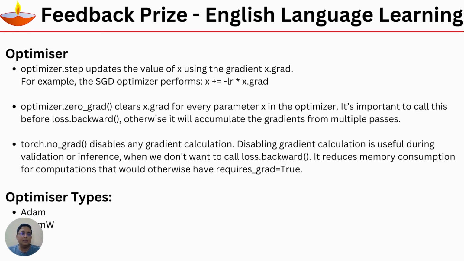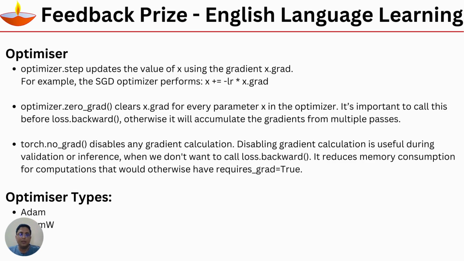Now, the next important term is optimizer. The optimizer.step updates the value of x using the gradient x.grad that we calculated in the previous step, the gradients. For example, if we have an SGD optimizer, stochastic gradient descent optimizer, then it would perform x plus equals minus LR times x.grad, right?